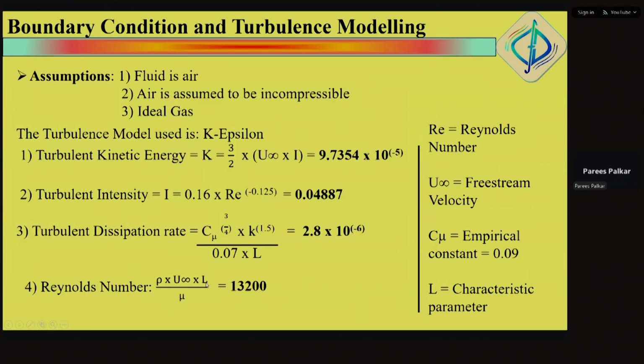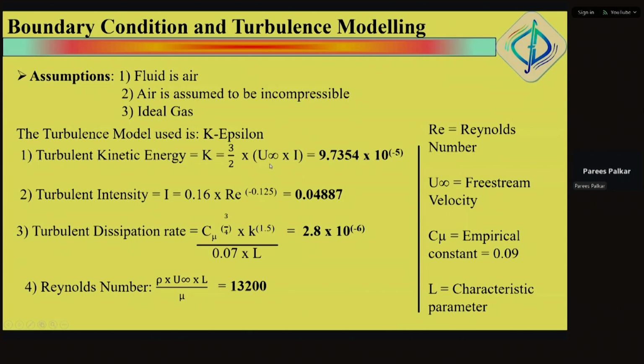They have calculated the Reynolds number for both, but as the Reynolds number for the AC came out to be 12,000 and for the door came out to be 13,200, we are going with the higher Reynolds number.